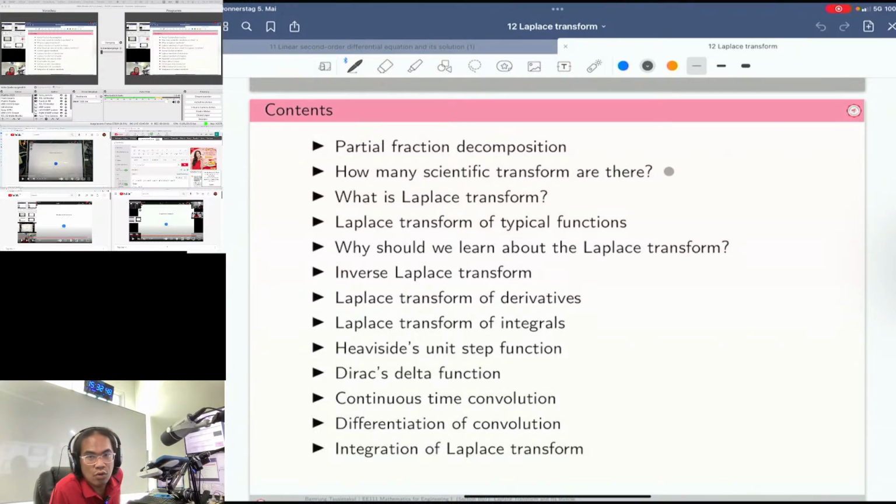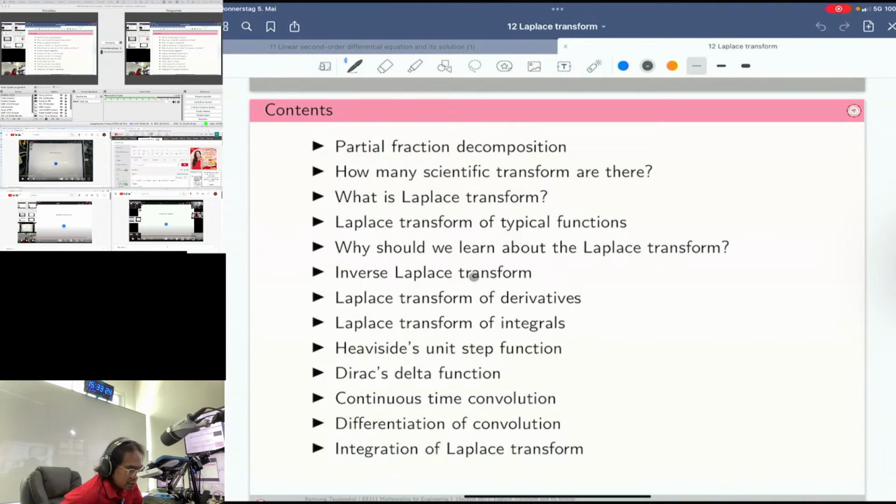Laplace transform is a tool to solve difficult mathematical problems. What the Laplace transform is, is the third section we're going to consider in this chapter, and we will consider the Laplace transform of typical functions, and we will try to find the reason why we should learn about the Laplace transform, and almost at the end we will consider the inverse Laplace transform.